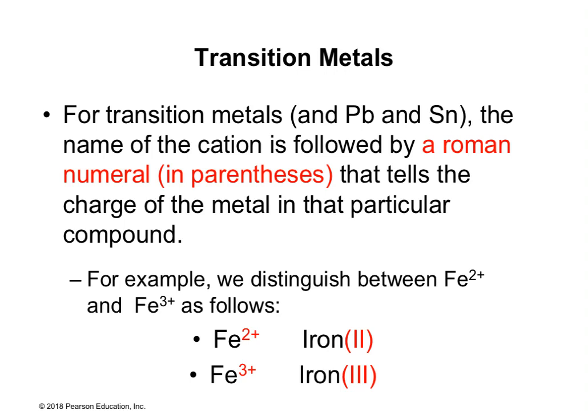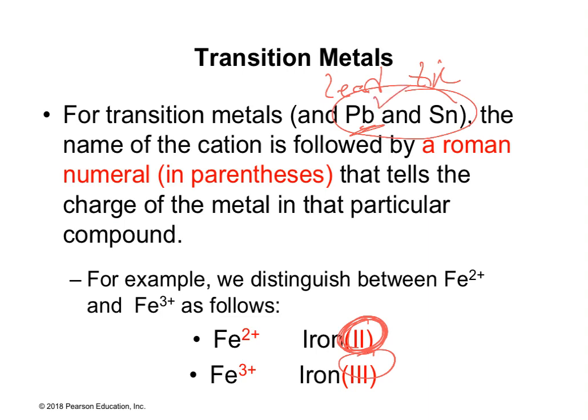There are 2 metals that are not transition metals, but that behave like transition metals. They have variable charges, and when compounds contain lead or tin, you must include Roman numerals in the name, just like you do for the transition metals.